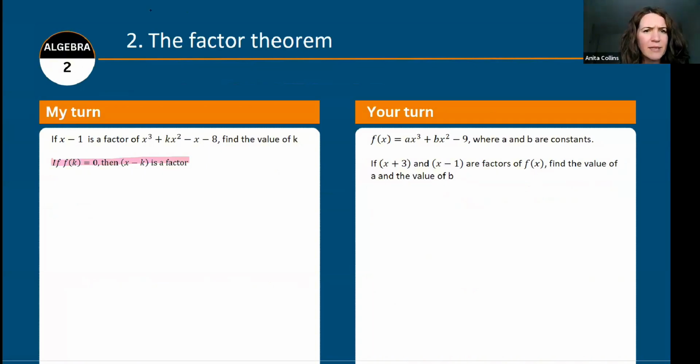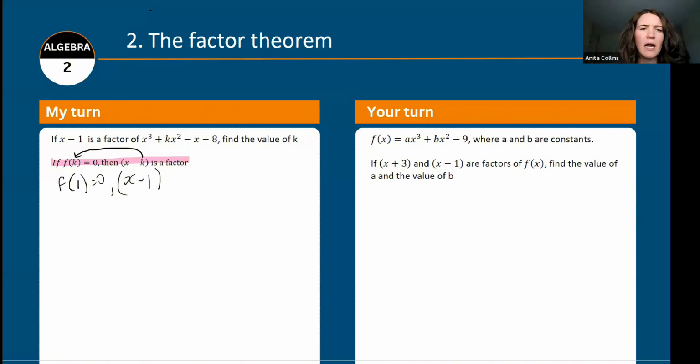Now what's our x minus k? Our x minus k is x minus 1. If we look again, we've got an x minus k here, and we've got f of positive k. So ours then would be, we have an x minus 1, so it would be f of positive 1 is equal to 0. So that's how we've turned the factor theorem to suit our particular question.